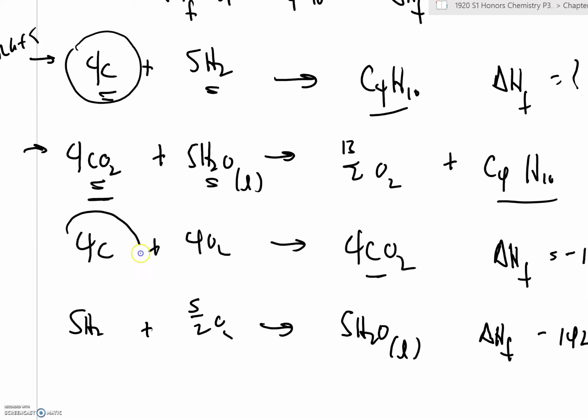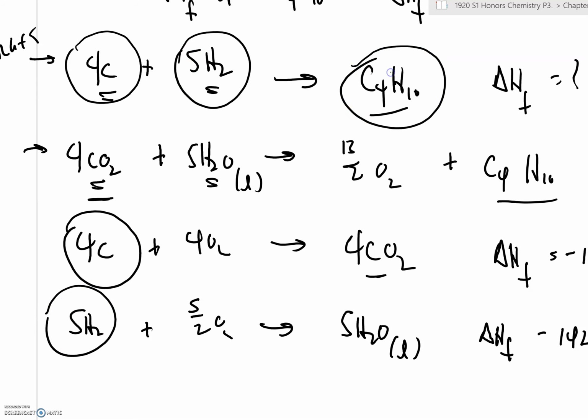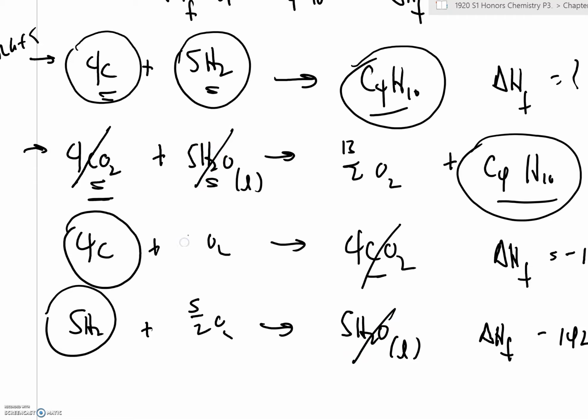Okay, if we did this right, that should mean that everything that appears as a reactant in our target equation should appear as a reactant in our step equations. Everything that appeared as a product in our target equation should appear as a product in one of our step equations, and everything else should cancel out. So 4CO2 cancels out 4CO2. 5H2O cancels out 5H2O, and here we have 8 halves of an O2 with 5 halves of an O2.